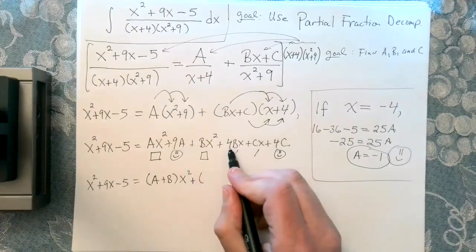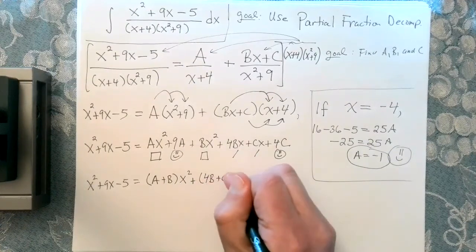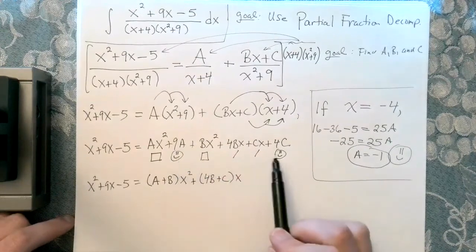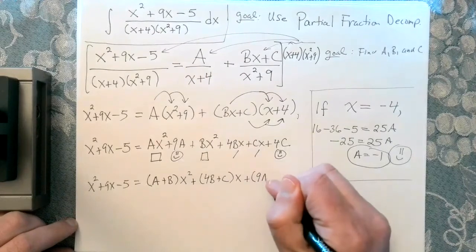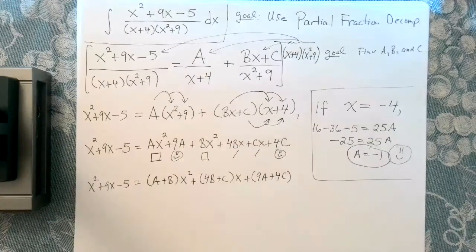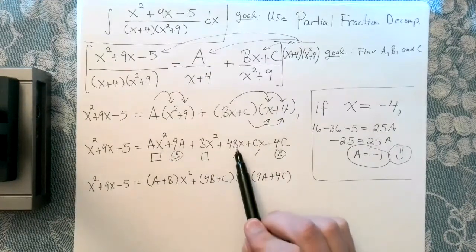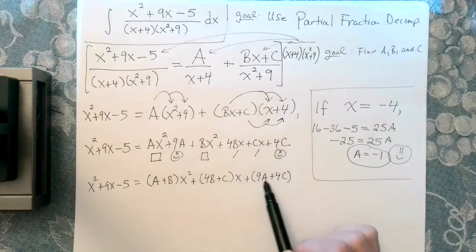So that's going to give me 4b plus c times x. And then lastly, my two constants will go together. Again, I'm going to double check. Okay, seems good.